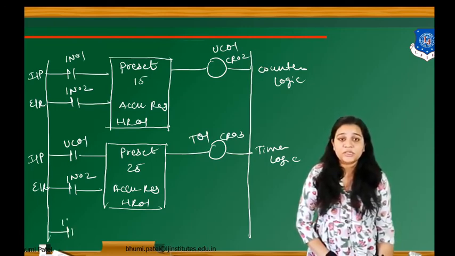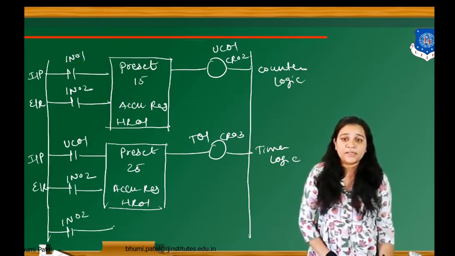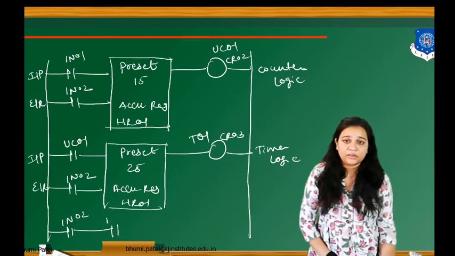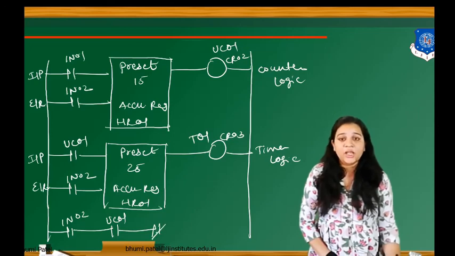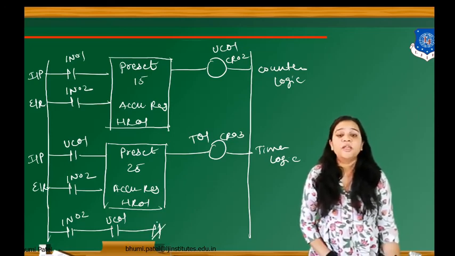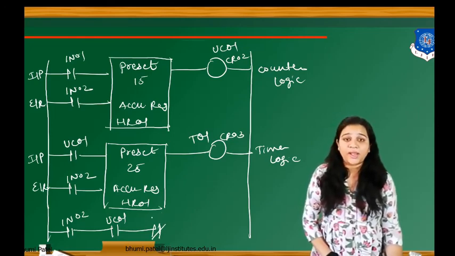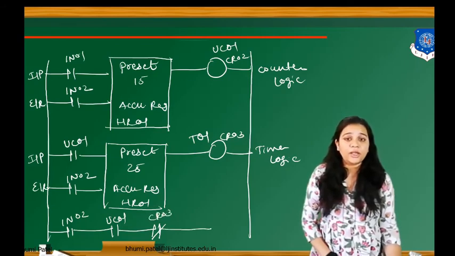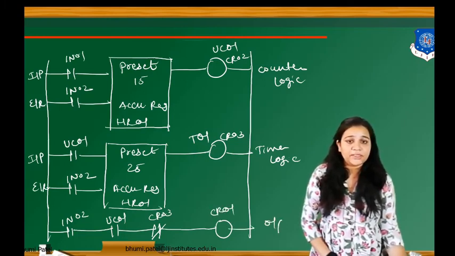So the last logic or the last output rung is IN02 as it is. We can connect here UC01 or this ER01, and after the 15 count is reached, my spray will run for 25 seconds. So here we can connect the normally closed contact of this output signal, and the name of the output coil is CR01.